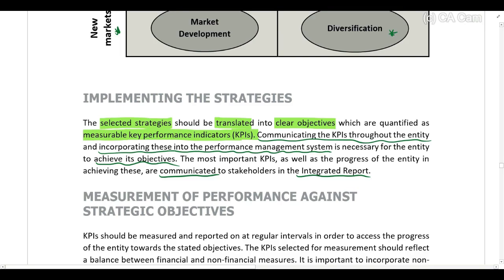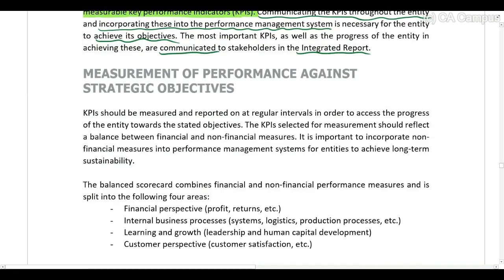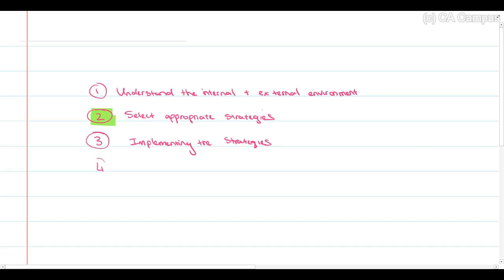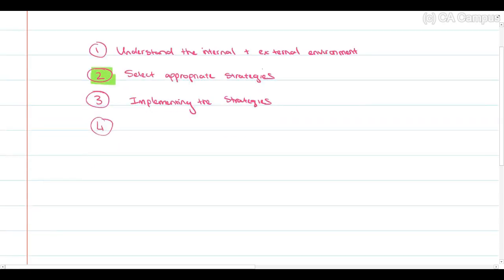And then finally, to wrap this up, we are going to measure performance against strategic objectives. So finally, we can wrap up this process. First, we understand the environment. We then select appropriate strategies. We implement those strategies, and we measure our performance.